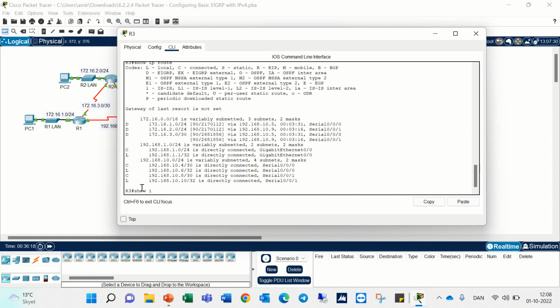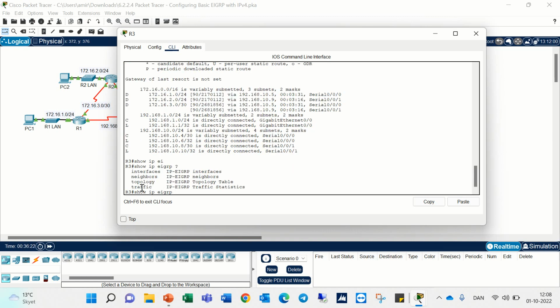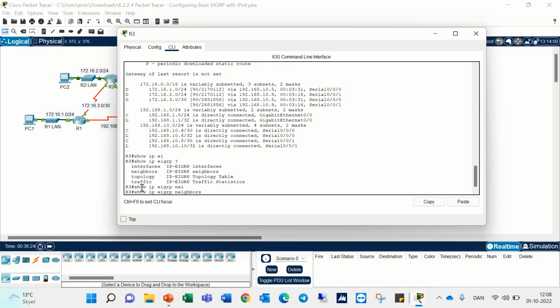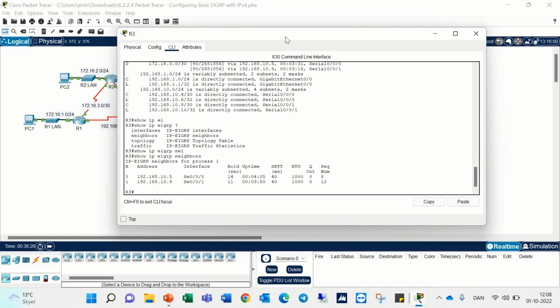Also, if you write here show IP EIGRP neighbor, you can see what is your neighbor.